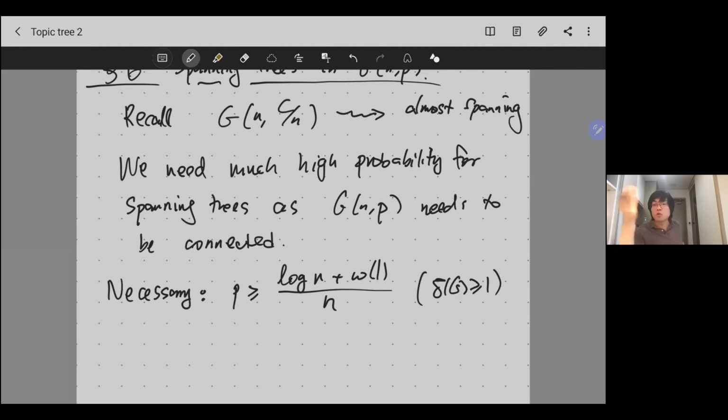This is what I mean by local-global. We've also seen last week that to have a Hamiltonian cycle, a necessary condition is minimum degree at least 2. Or in other words, the local obstruction is to have a vertex of degree at most 1. So it turns out that the threshold for both minimum degree at least 2 and Hamiltonicity are the same. They coincide. This is the local-global thing.